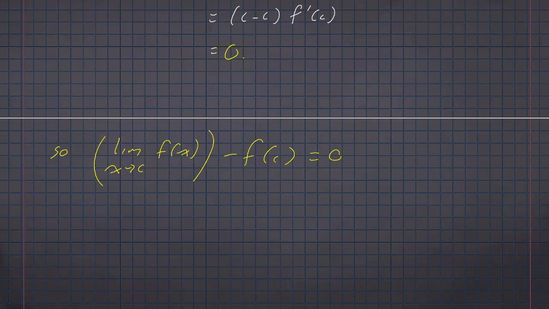And adding f of c to both sides of the equation gives me that the limit as x approaches c of f of x is equal to f of c, which is the definition of continuity. So f is definitely continuous at this point c. And since we just did that for an arbitrary point in the interval from a to b, it will work for all of them.